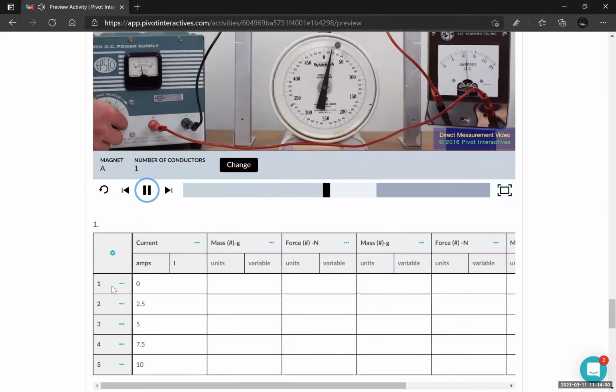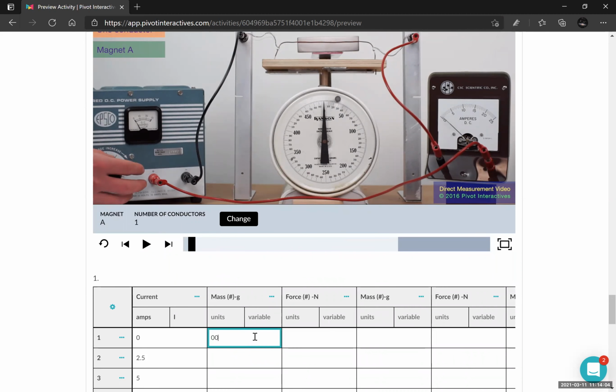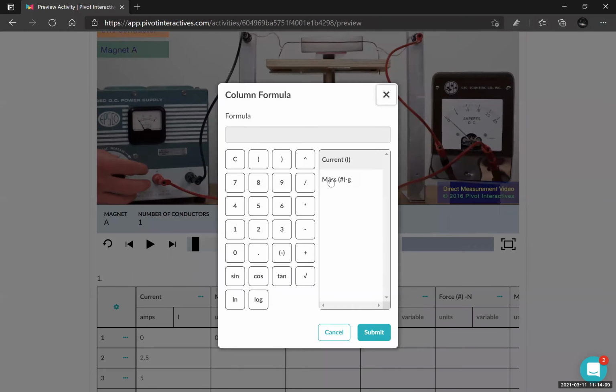So for example, when it's 0, I can say the force is 0, and the force equation is going to be taking the mass divided by 1000, then times 9.8.